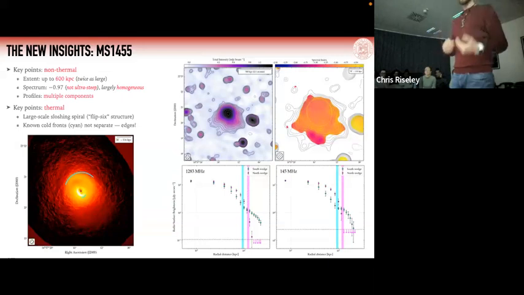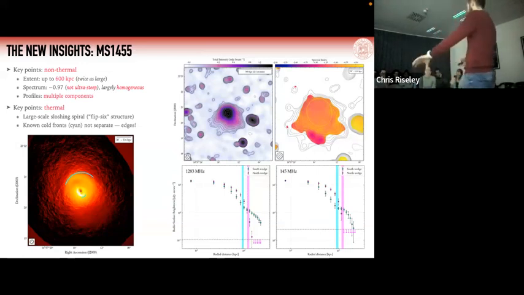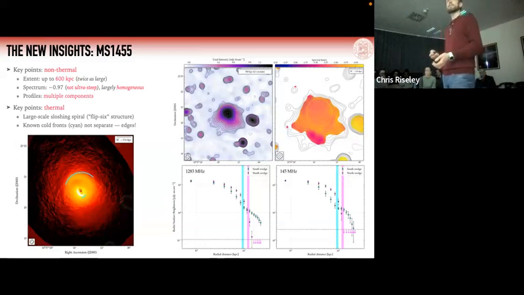And in a number of clusters, X-ray observations have revealed cold fronts, which are really believed to trace these bulk motions of cold gas in the intracluster medium. Actually, our reanalysis of this same data using new techniques showed that these cold fronts don't necessarily trace separate structures in the ICM, but they trace edges of large-scale features. So this really demonstrates also that with new techniques, we can get new discoveries and new value out of older data.